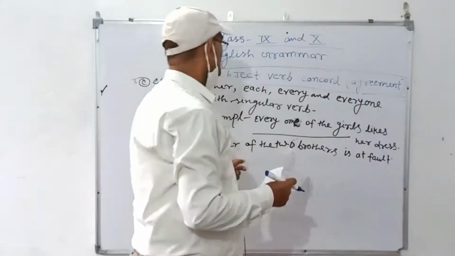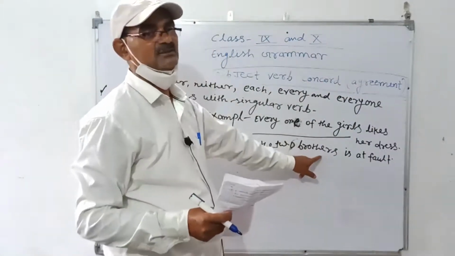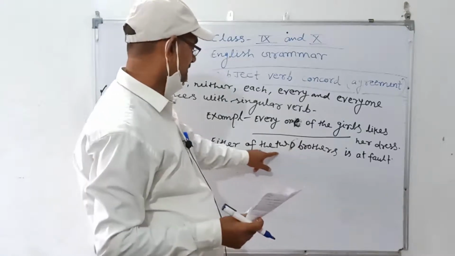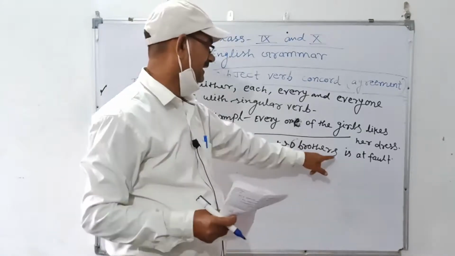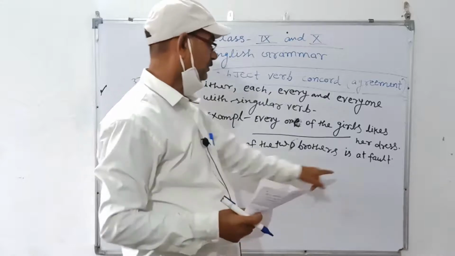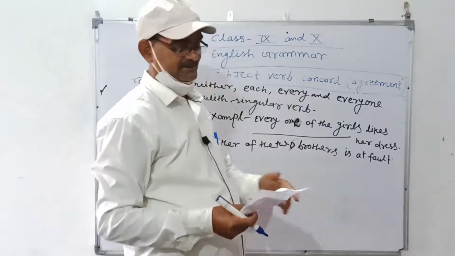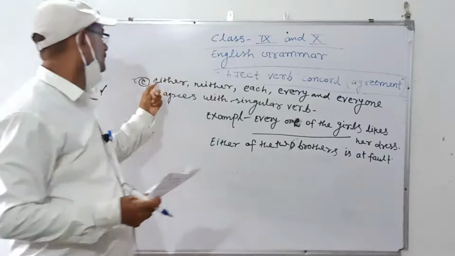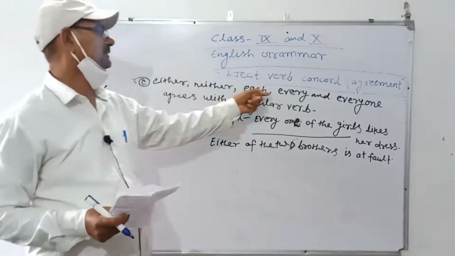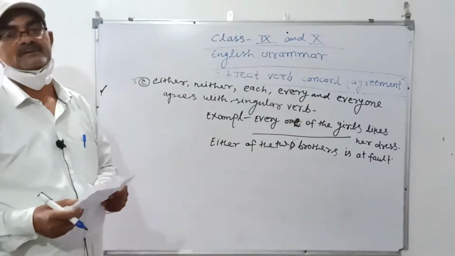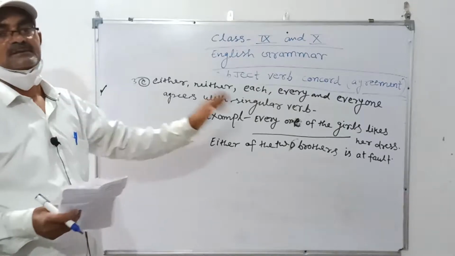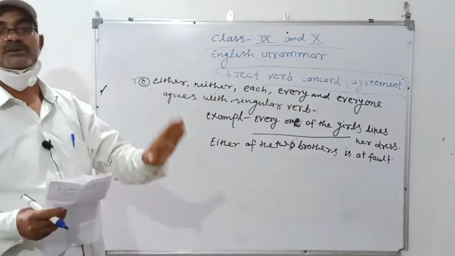Here, either of the two brothers is not plural; it is treated as singular. So similarly, we shall use either, neither, each, every, or everyone, and it will agree with a singular verb.